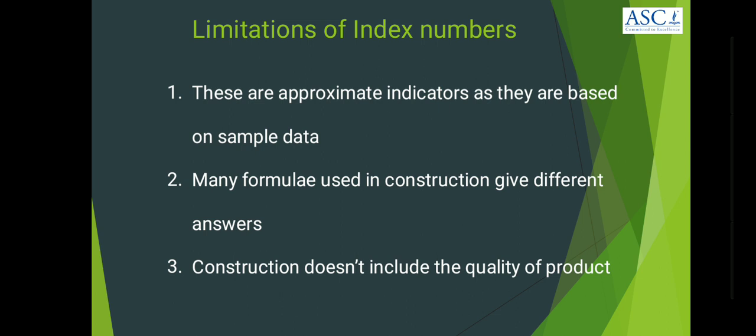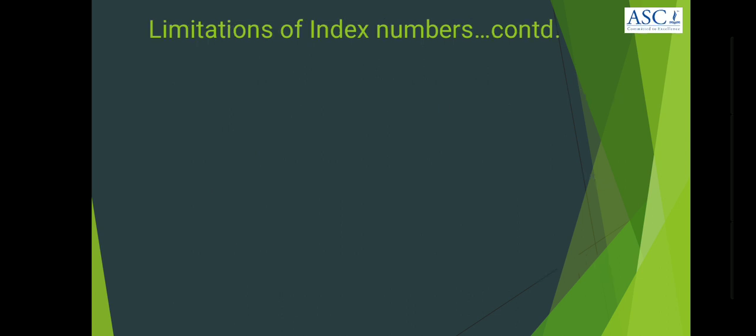Third, while constructing index numbers, the quality of the items is not taken into consideration. Therefore, it is a drawback and considered under limitation. Fourth, index numbers can be misused to get desired conclusions as any other statistical technique.